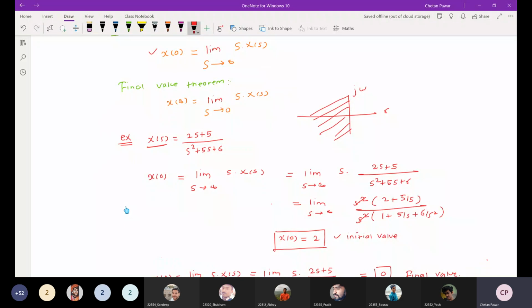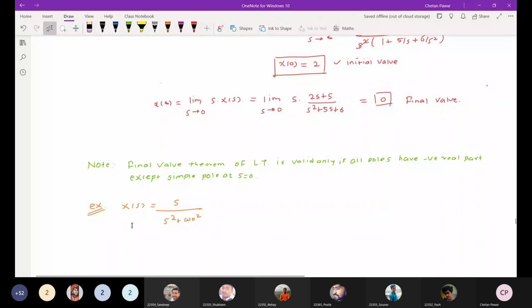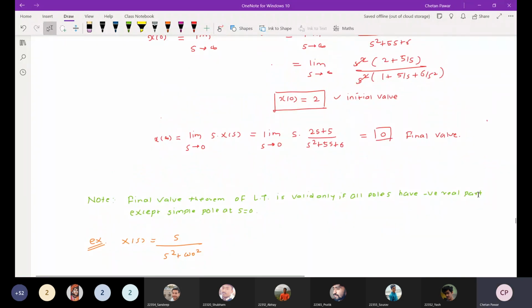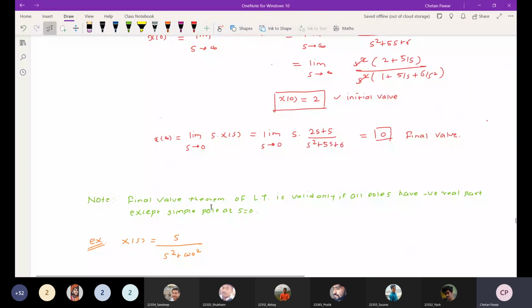This final value theorem can be applied only when the poles lie in the left half of the s plane, with the negative real part. So here the real part is negative in this area. That's why I will just make one space here and show you.